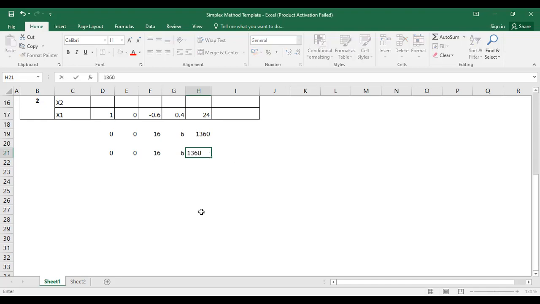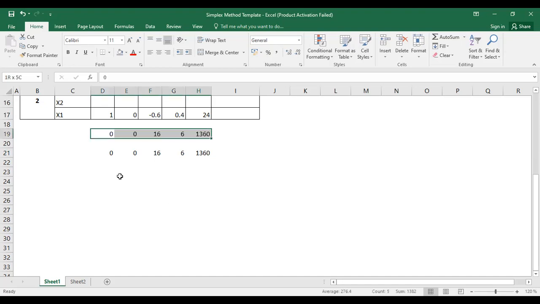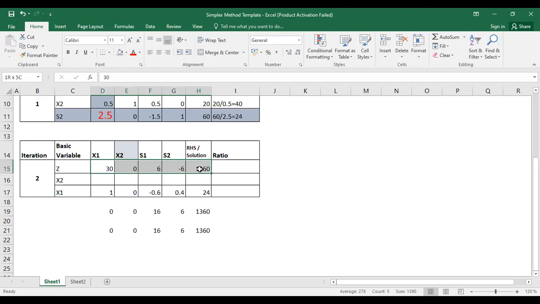Okay, so we can see that about 3 people have confirmed this result as against what was earlier given to us. So Francis, you gave us the earlier one, right? Yes. You should look at the computations again. The correct answer should be 0, 0, 16, 6, and then 1360.